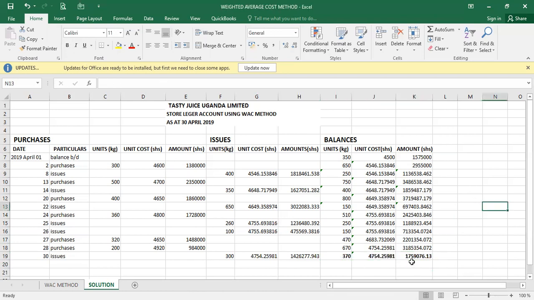It is 1,759,076.13, valued at this, and the number of units is 370. The number of units is not supposed to change whatever method you are using. The number of units must be the same. The only thing that will change is the total cost, because we are using different unit costs.